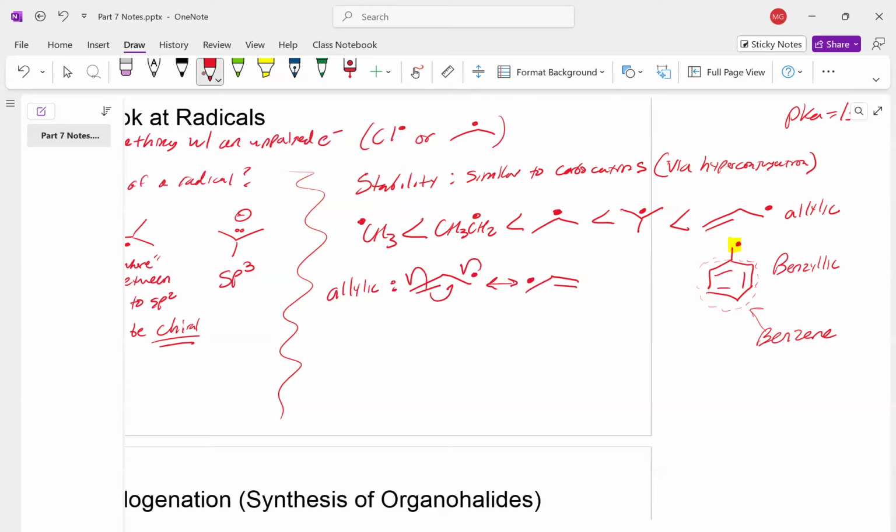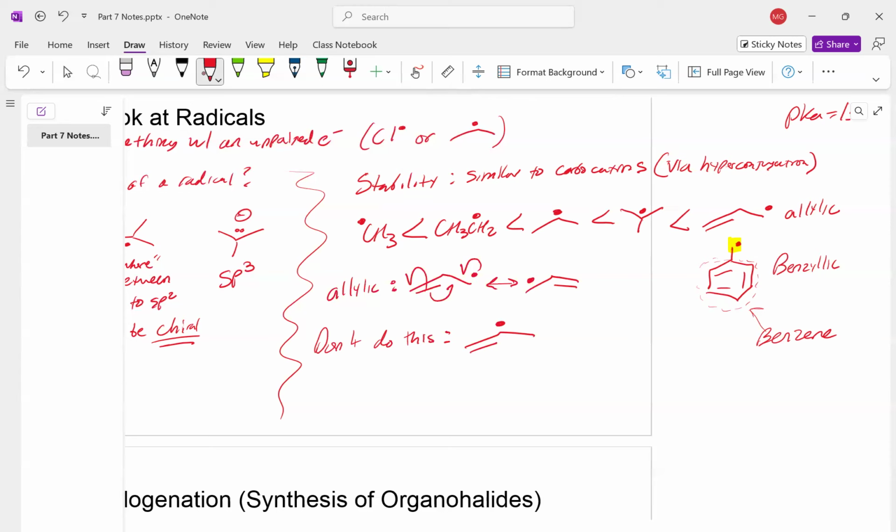Now, a couple of important things to note about radicals that are somewhat common mistakes I see students make is you don't want to make a vinylic radical. Okay, that's never going to happen. Now they call this vinylic because the radical is on the double bond.